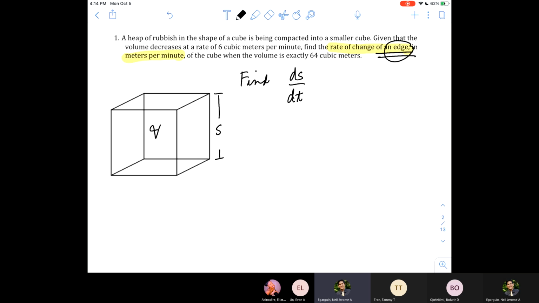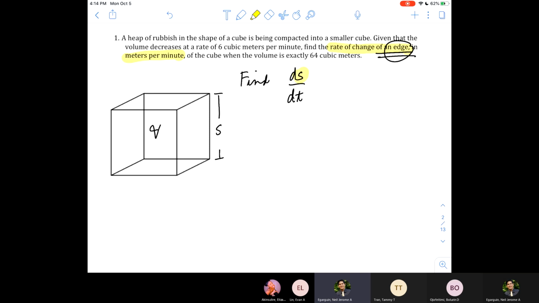And actually, this is the reason why I wanted to write derivatives in Leibniz notation, in the ds over dt notation, rather than the s prime notation, though in one-dimension calculus or in calculus 1 and 2, s prime is understood to be the derivative with respect to the independent variable, which in this case is time. But I always find it more informative to use the Leibniz notation because you can treat the numerator to be the changing variable.